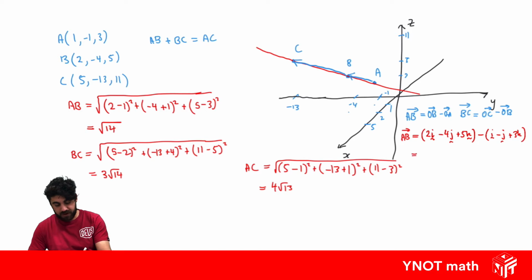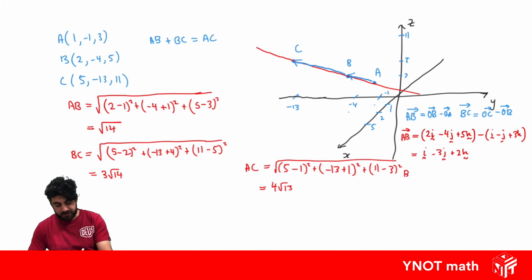And if we simplify this, we'll have 2i minus i, which is i, minus 4j minus minus j, so it'll be minus 4j plus j, which is minus 3j, and 5k minus 3k is 2k. So that's what we get for our vector from A to B.